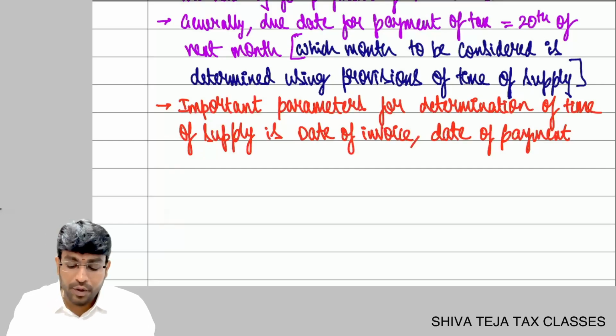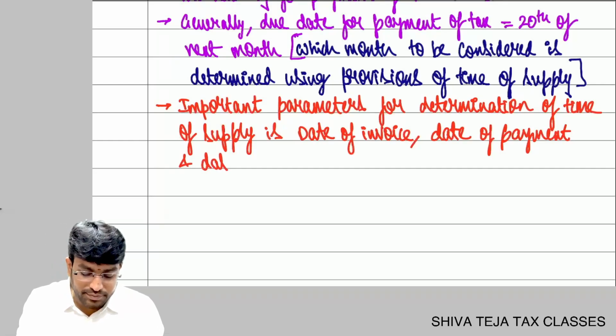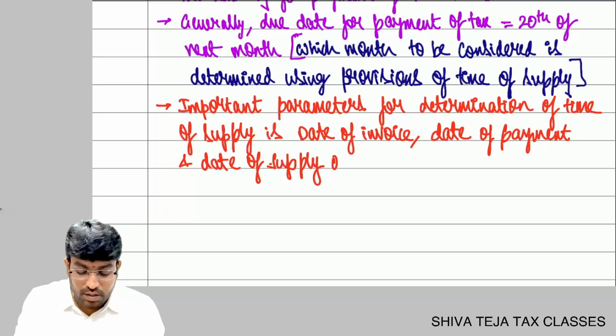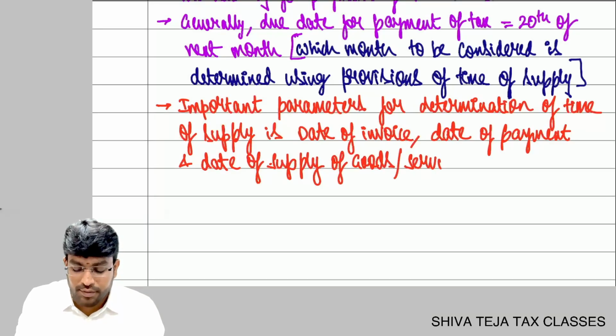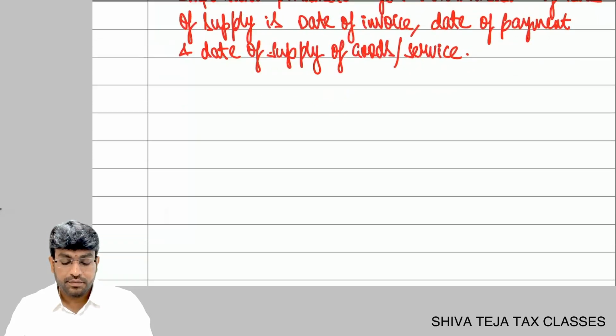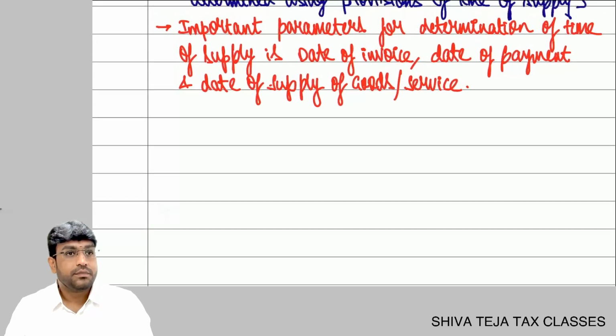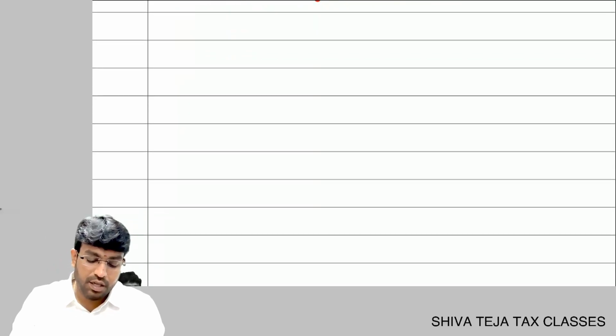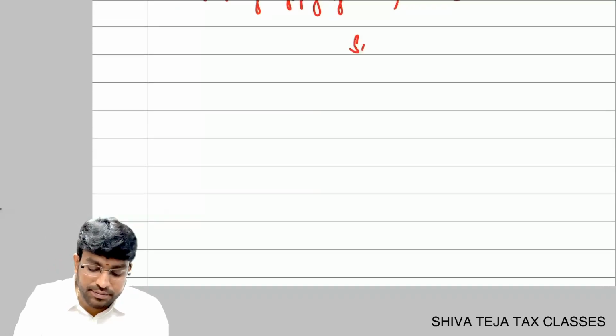Second one, date of payment. And date of supply of goods or service. I'm sure we are clear with this point. First section is what in time of supply?